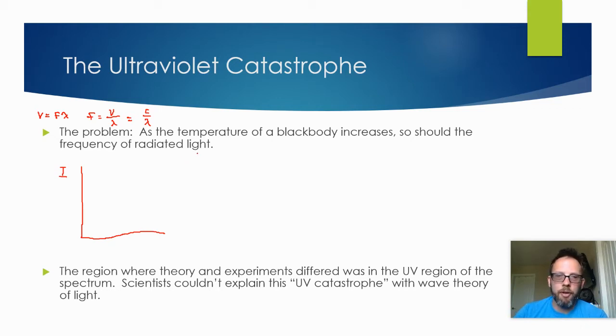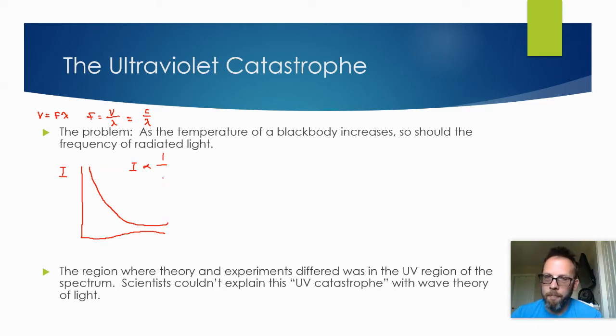As the temperature increases, so should the frequency. But as frequency increases, wavelength decreases. So what you should have is, as lambda increases and frequency decreases, the intensity should decrease according to a 1 over x curve, because intensity is proportional to 1 over lambda.